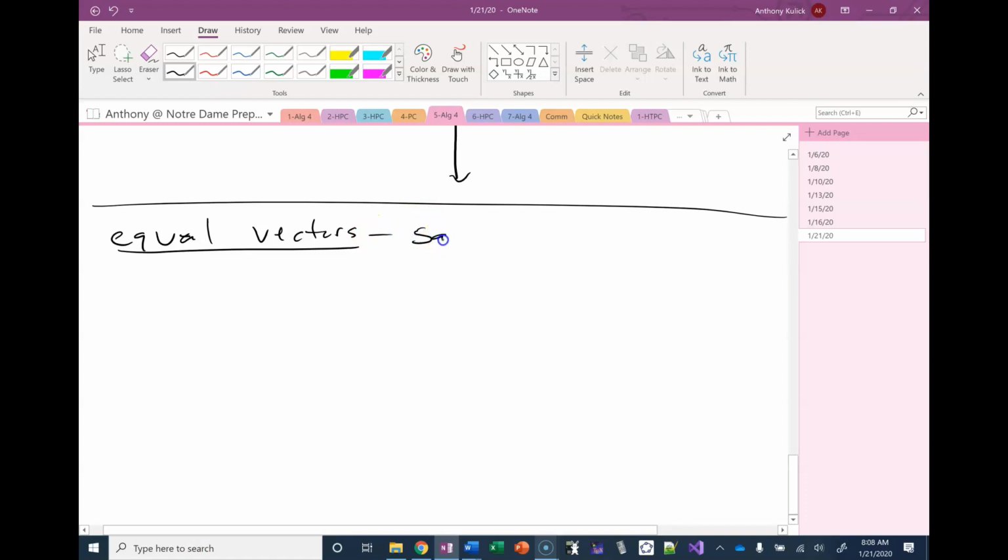Means they have to have the same magnitude and same direction.